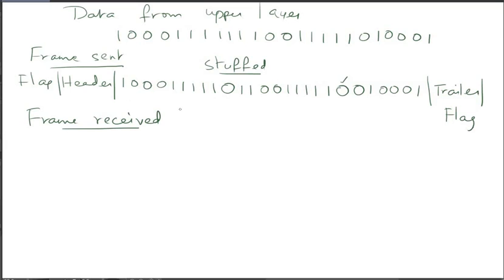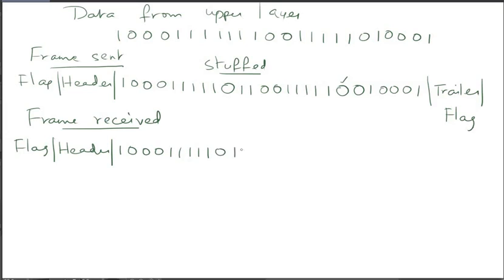The same data which is sent will appear at the receiver. So here we have the flag. After the flag there is the header. Next we have 1 0 0 0 followed by 5 ones. Then there is a 0.